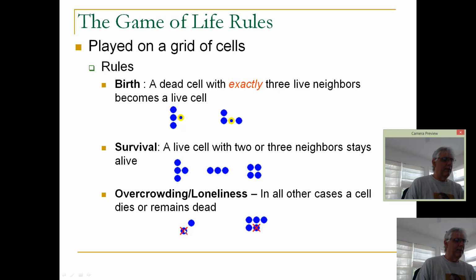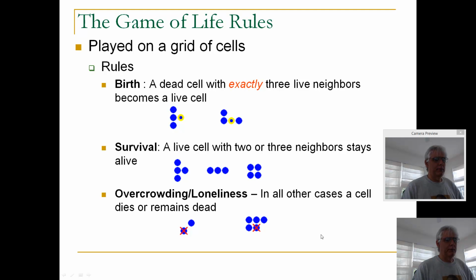This cell will die in the next generation because it only has 1 neighbor. So this is the loneliness rule. Conversely, here is the overcrowding rule. This cell will die in the next generation because of overcrowding. Okay, so those are the rules.